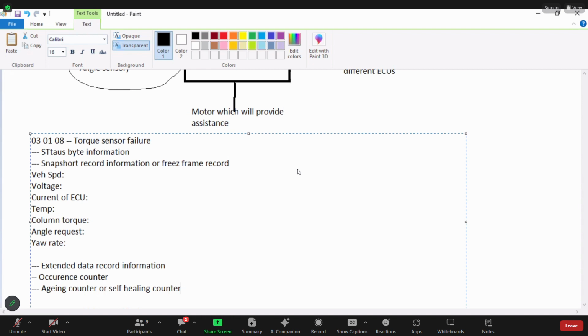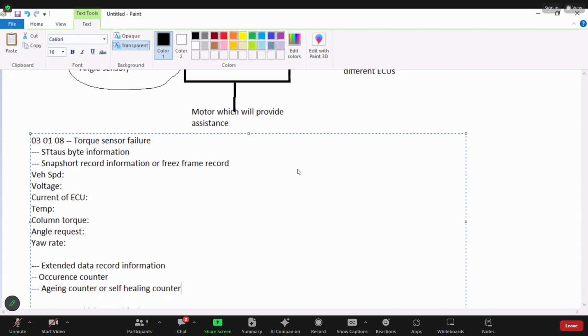What are those? Occurrence counter. How many times? This occurrence counter will say how many times this fault has occurred. Let's say in an ignition cycle, when you turn on the ignition, you went for driving the car.